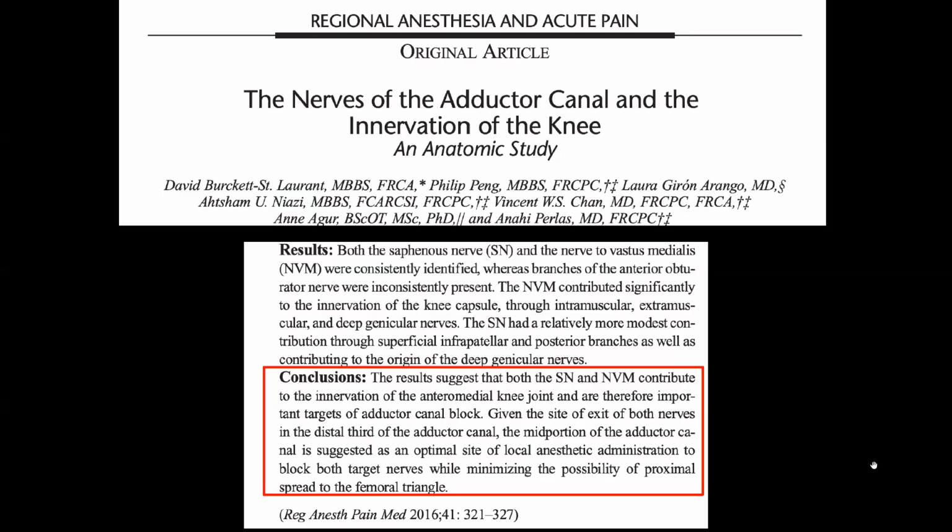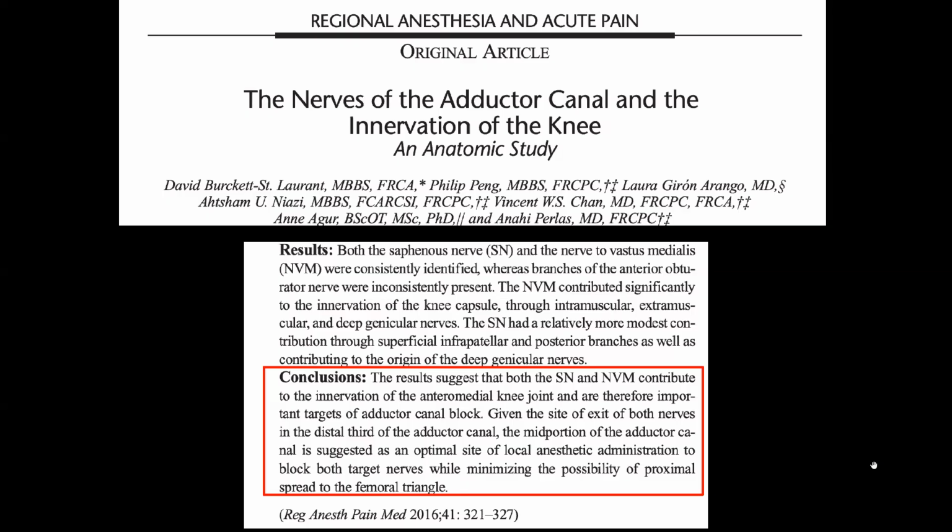Given the site of exit of both nerves in the distal third of the adductor canal, the mid portion of the adductor canal is suggested. So you always wonder, because the adductor canal is really the distal third of the leg, and I'm doing this kind of mid femur, so he's agreeing with that here. The sartorius muscle looks like a boat or U-shaped muscle. And as you scan cephalad to caudad, the superficial femoral artery moves from one side to the other.